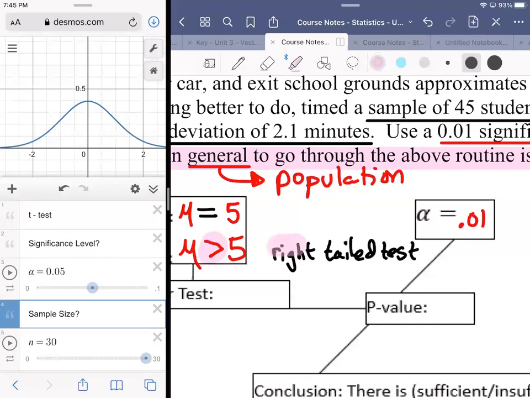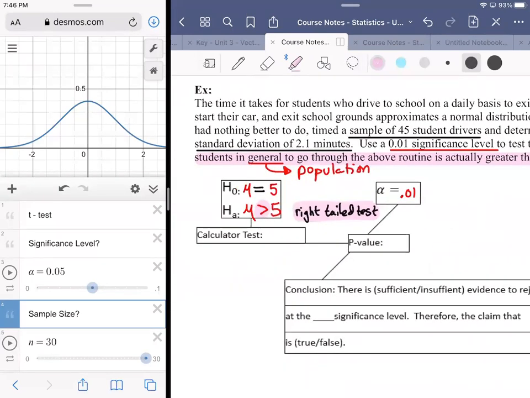Hopefully you're noticing some familiarity, because in the previous hypothesis test it's the same idea, except now we're working with mu versus p. Instead of having a population proportion p, we now have a population mean of mu. So far, that's been the only real significant difference.